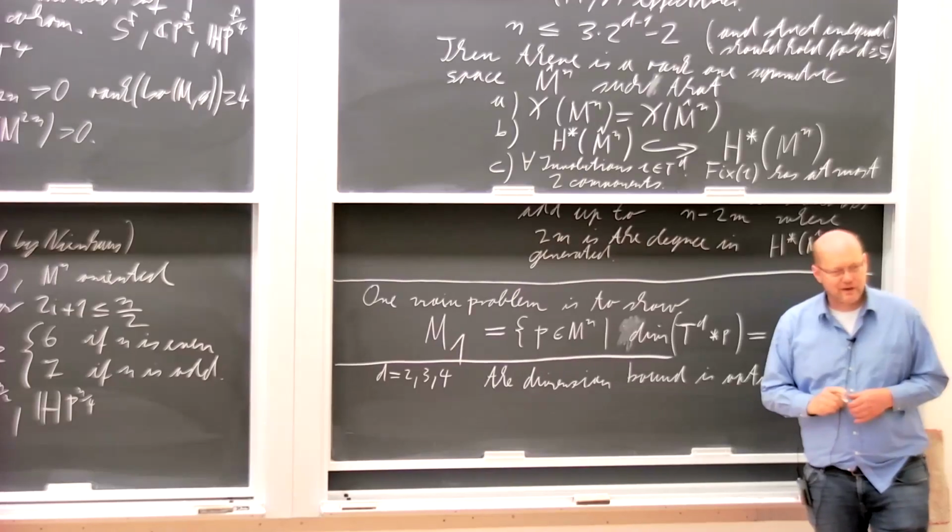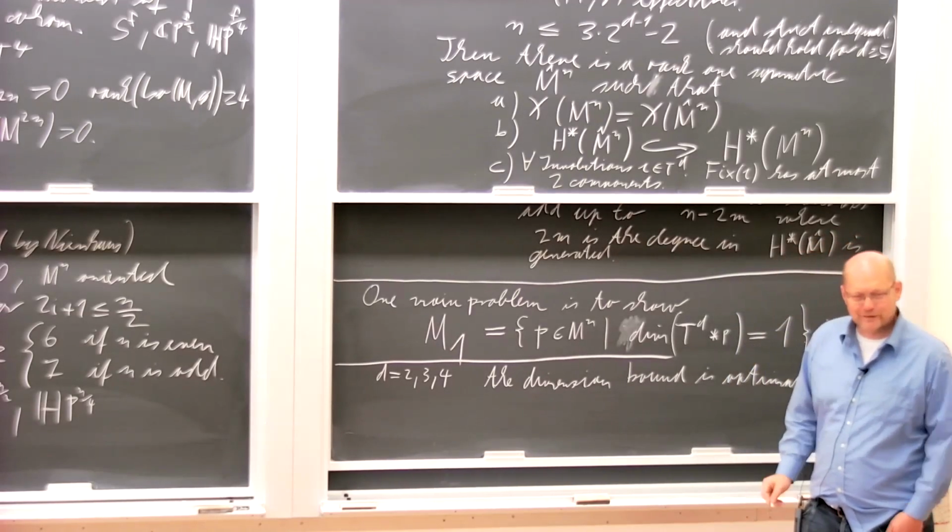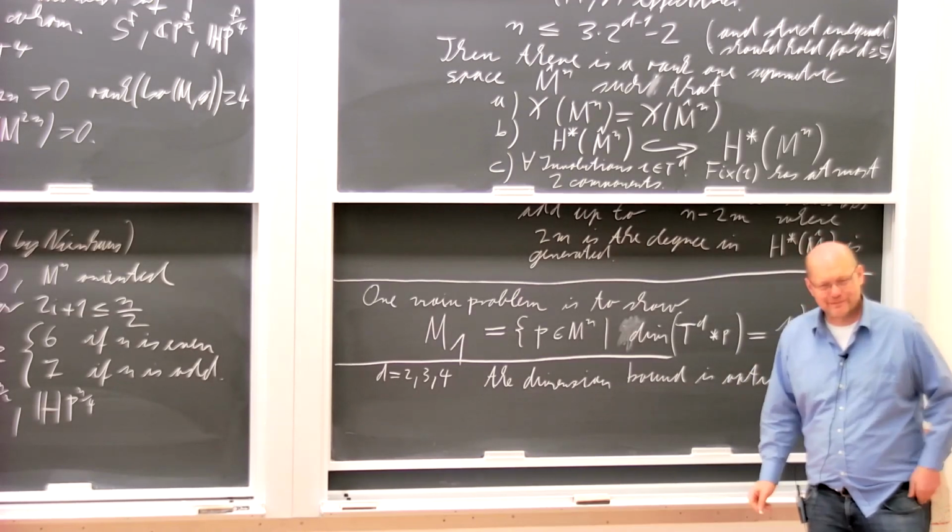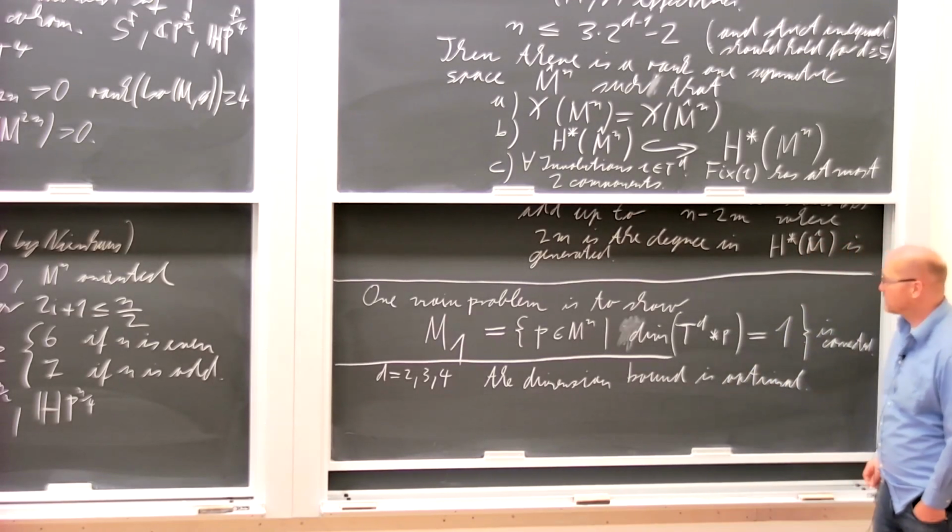For d larger than 5, we don't know because we run out of examples that could sort of give us a check on whether things are optimal, right?